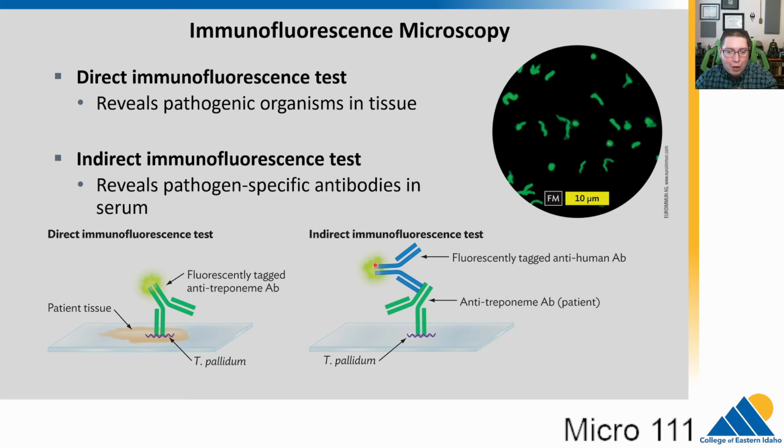So the glowing one is universal to all human antibodies, so it will bind to it. So many of these antibodies get bound that we can actually see the organism here, and we can see that it is the spiral-shaped Treponema pallidum here. So this is a great rapid test. It takes just a few minutes to confirm that this microscope slide has Treponema pallidum on it.